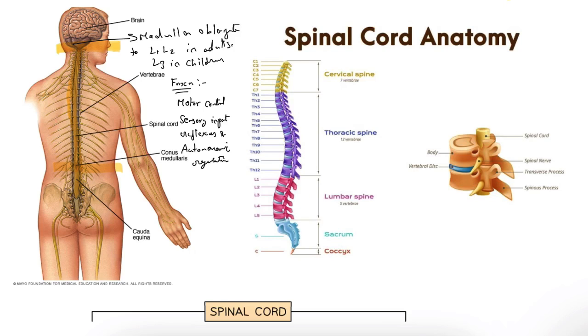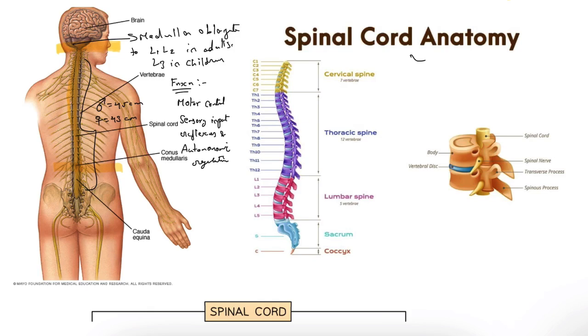Okay, now what is the height of the spinal cord? In males we can see 45 centimeters and in females 43 centimeters. And we can divide this into segments. Just see this image, this is a very important image.